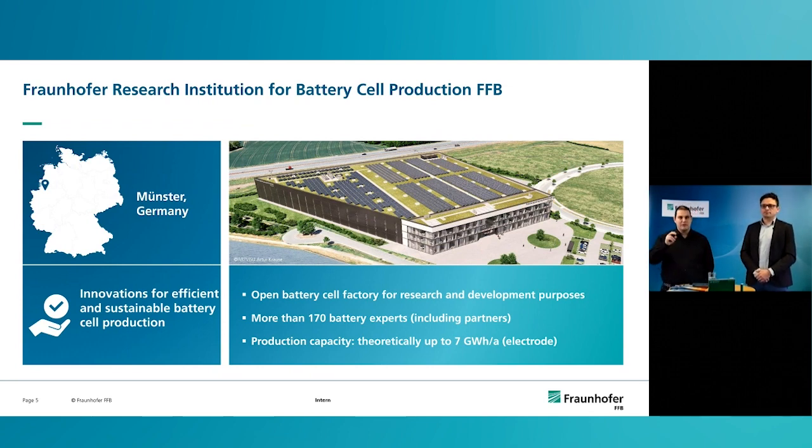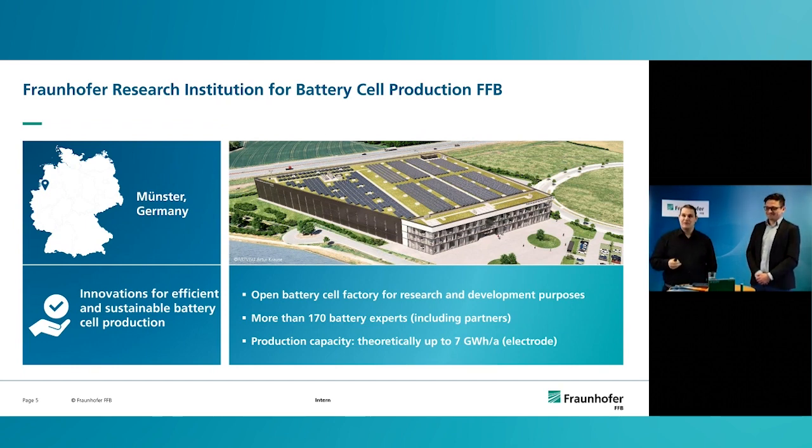That is very special inside Fraunhofer, and something we do especially for the industry to get knowledge, with an open battery cell factory for your research and development projects and purposes. You see, Münster is located in Germany, more to the western side of Germany, of course.